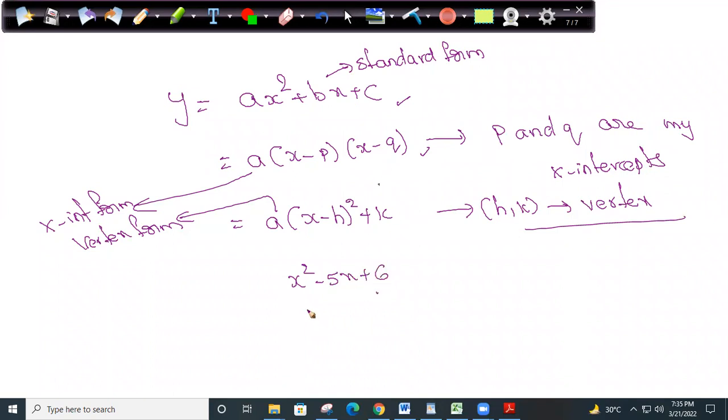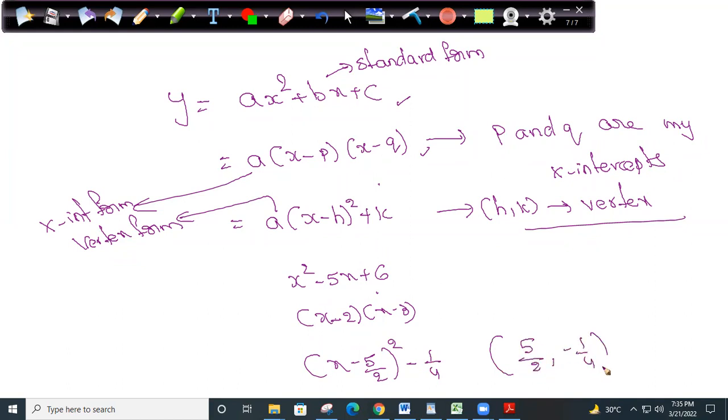If I split, I get x minus 2 into x minus 3. If I convert into the a minus b whole square form, I get x minus 5 by 2 whole square minus 1 by 4. So the vertex is 5 by 2 comma minus 1 by 4. The x-intercepts are 2 comma 0 and 3 comma 0. Whatever is written here, the same thing you got here.